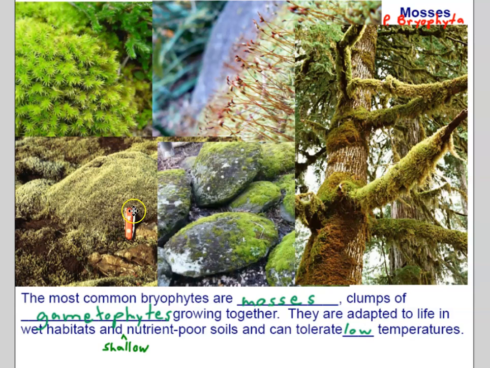And in mosses, those two generations are visible with the naked eye. That's not true as we go along in evolution, as you'll see. As we go from the mosses to the ferns to the cone-bearing plants and then the flowering plants, the relationship between the gametophyte and the sporophyte changes drastically.